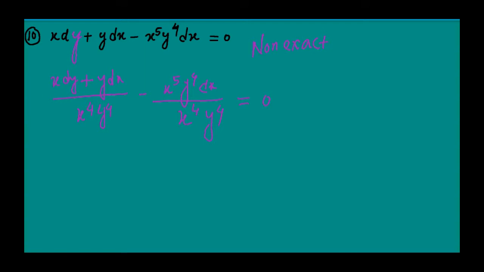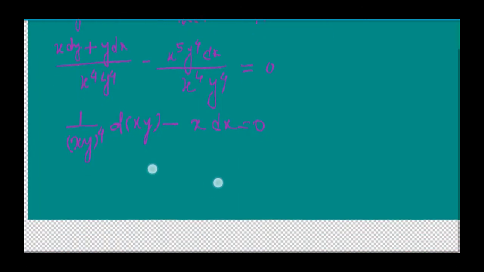This is because I want to get an x from here, so this will be x dx. So here I am getting 1/(xy)⁴ d(xy) − x dx = 0, and integrating both sides.